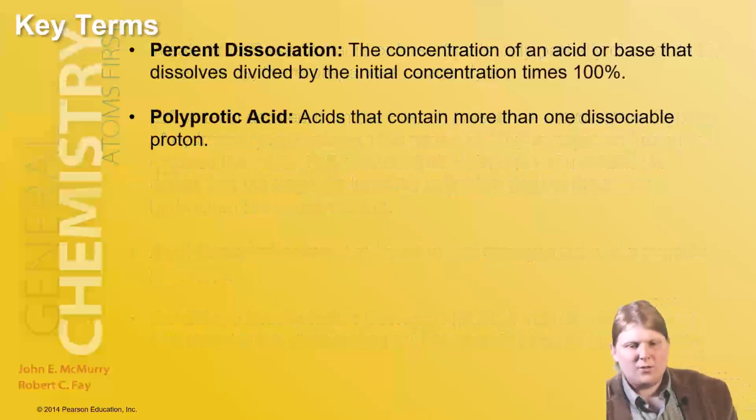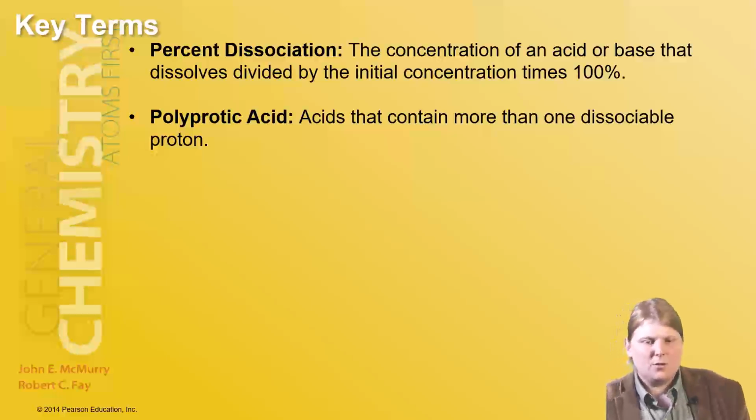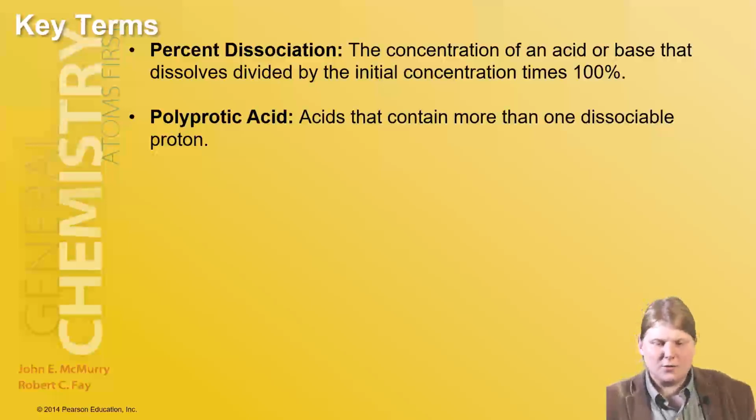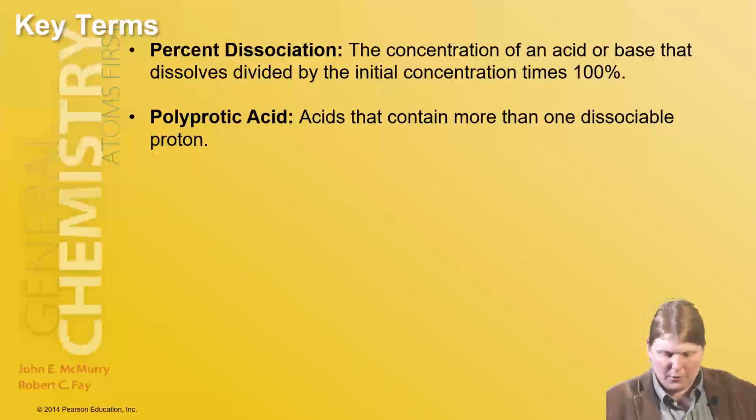Percent dissociation is another way to measure the strength of an acid under particular circumstances: how much of it dissociates and produces H plus, or accepts H plus or produces OH minus, compared to the initial concentration. And a polyprotic acid is one that contains more than one dissociable proton, so it creates more than one proton in the solution.